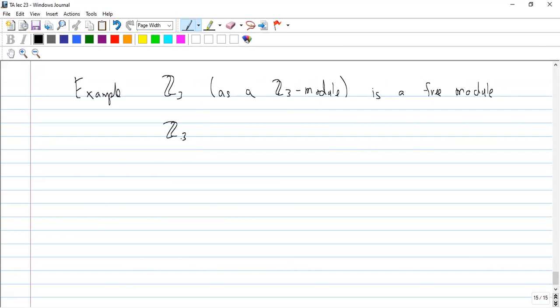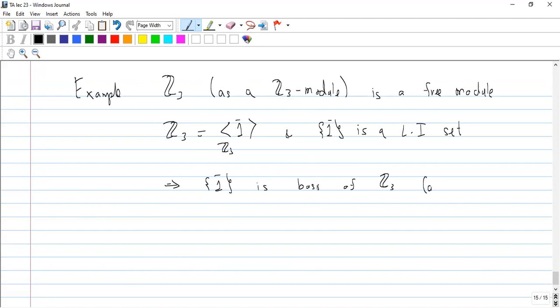Because Z3 is generated by 1 bar over Z3 and this 1 bar is a linearly independent set, which implies that this 1 bar is a basis of Z3 as a Z3 module. Okay.